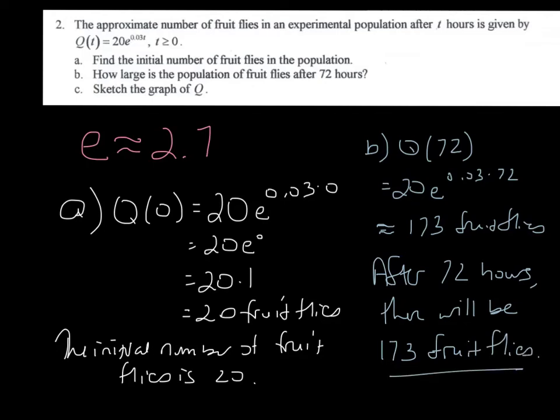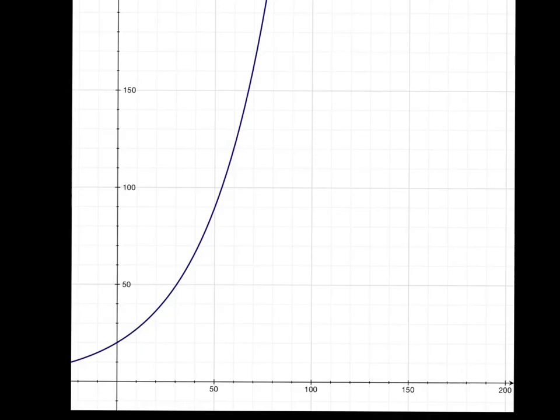And now we'll take a look at the graph of Q. And here is our graph of y equals 20 e to the 0.03 t, and you can see that our initial value when t equals 0, we have 20 fruit flies.